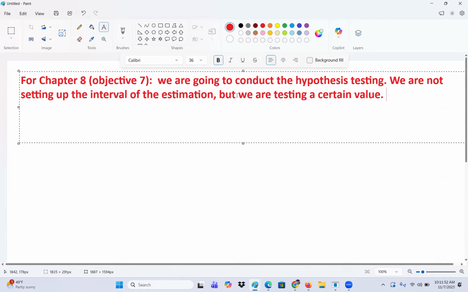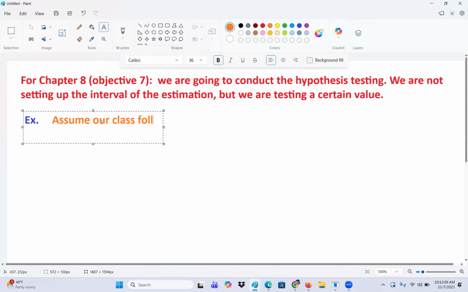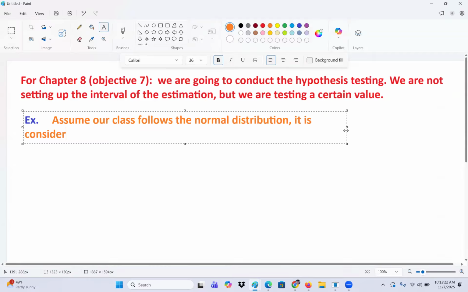So, for example, we have the average grade for the second exam in this class. Assume our class follows the normal curve and is considered a good sample size, right?